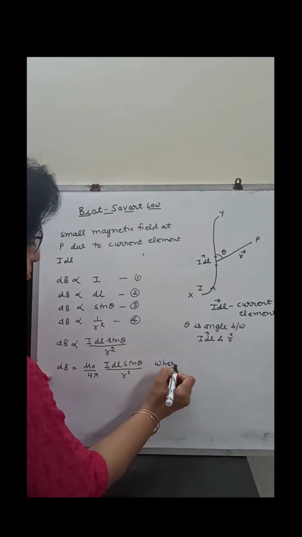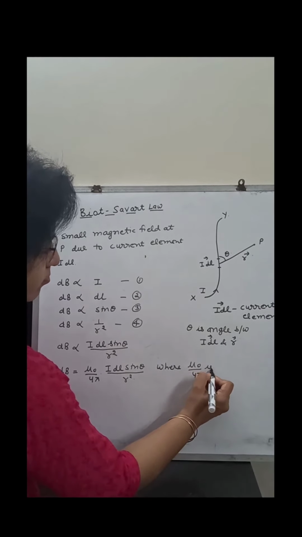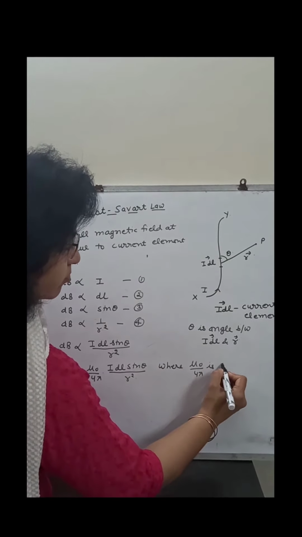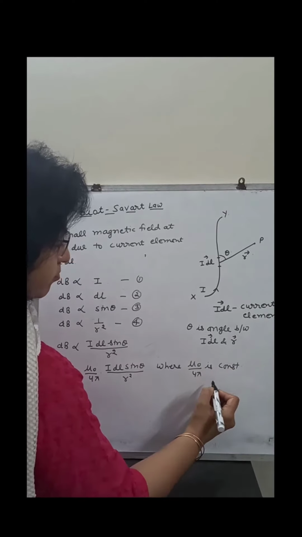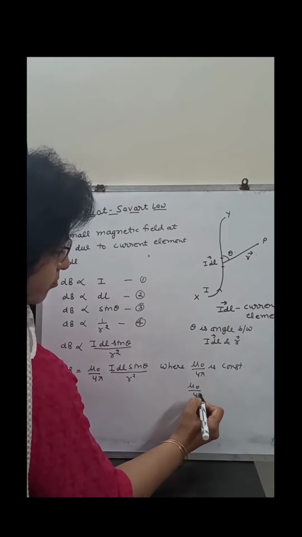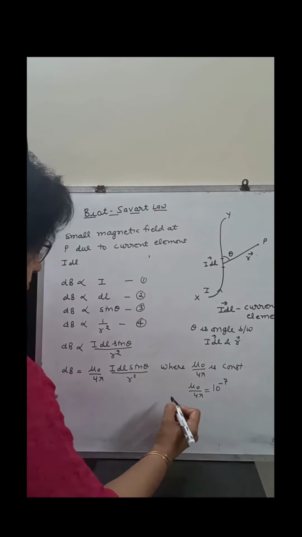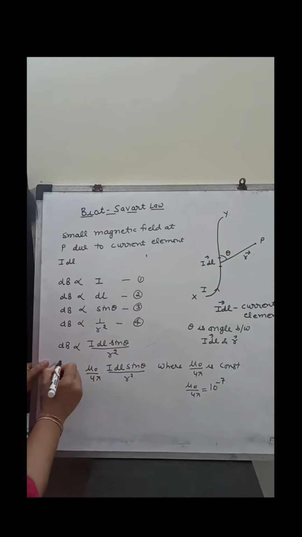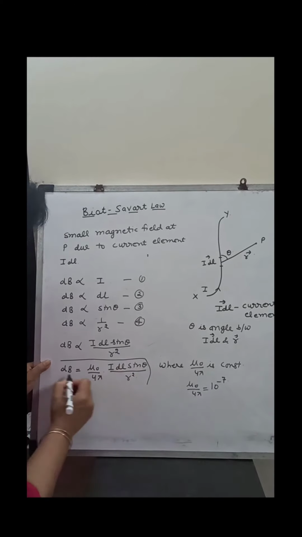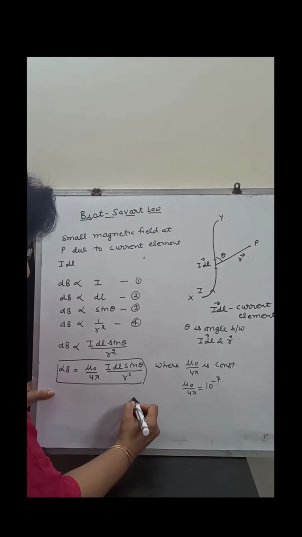where mu naught by 4 pi is constant and value of mu naught by 4 pi is equal to 10 raised to power minus 7. Mu naught is absolute magnetic permeability of free space.